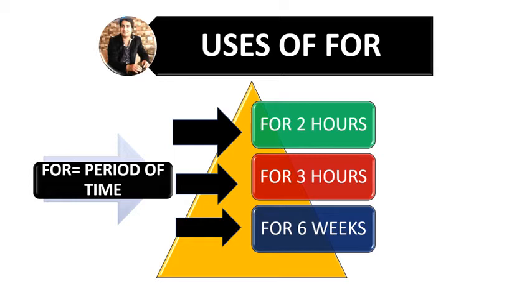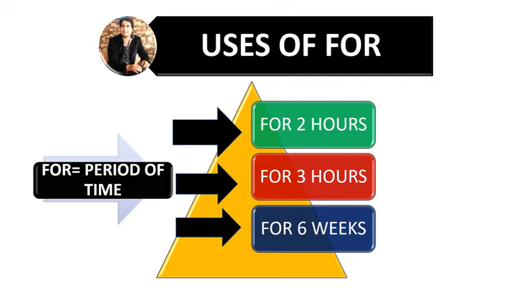Now students, when we talk about for, for is a kind of word which is used with many things. It is a preposition, but when we talk mainly about the present perfect continuous, it indicates a period of time.